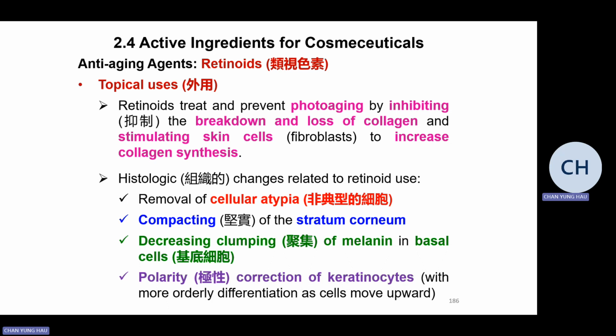With retinoid use, it can help remove cellular atypia, compacting the stratum corneum, decrease the clumping of melanin in basal cells, and correct the polarity of keratinocytes. That's why the dead cells are easily pushed upward to the upper layer of the epidermis, which increases the desquamation process.